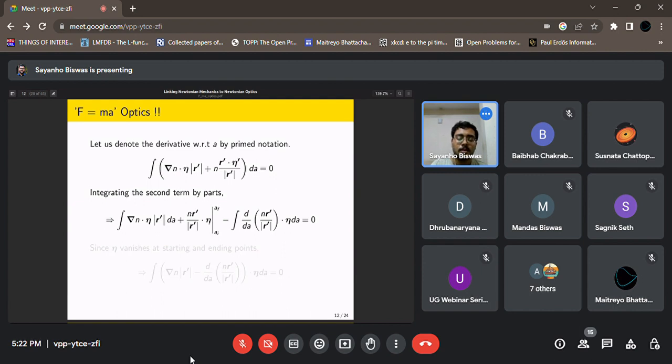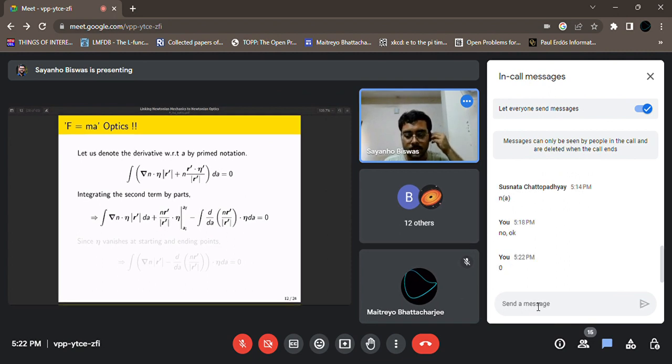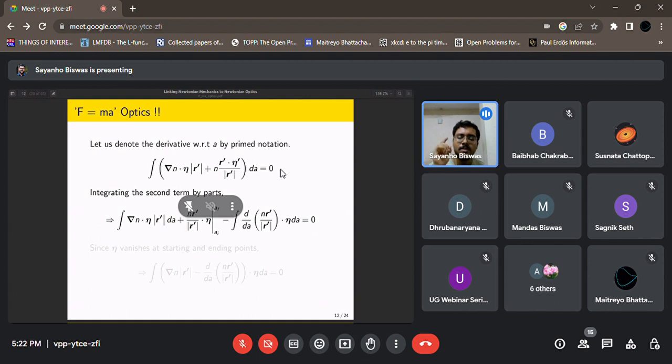Interestingly, do you remember what is the value of eta at A initial and A final? Does anyone remember? Write it in the chat box if anyone does. 0. Yes. So eta is 0 at the starting position and eta is 0 at the end position. Why is it 0?